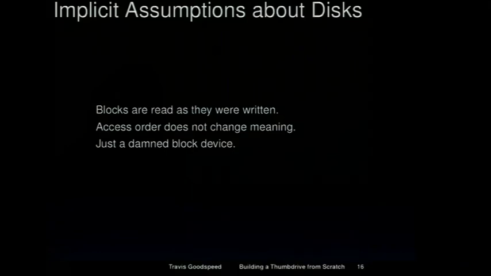Now, there are some implicit assumptions that we all make about disks. We assume that blocks are read as they were written. On a modern disk, you probably won't even see a read error until it's too late. We also assume that the order in which you write these blocks or read these blocks doesn't matter. But that doesn't need to be true. And we, in general, just assume that it's just a block device.